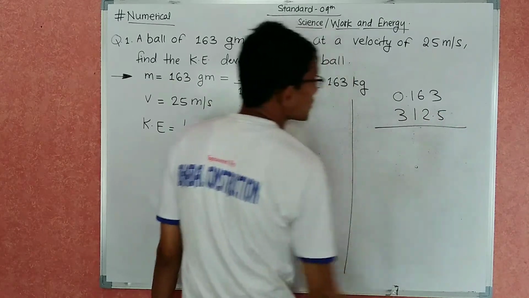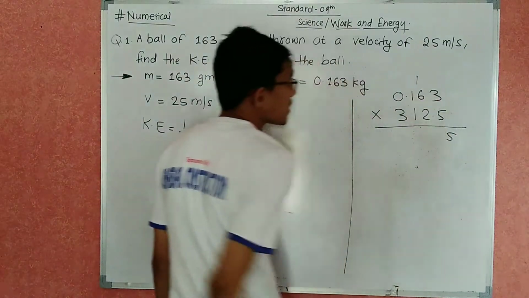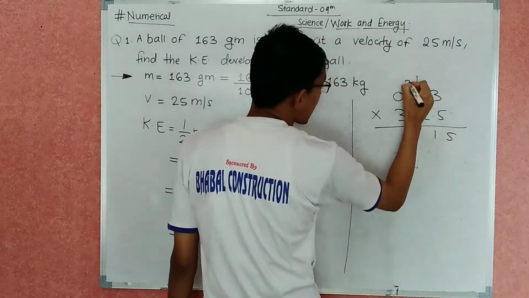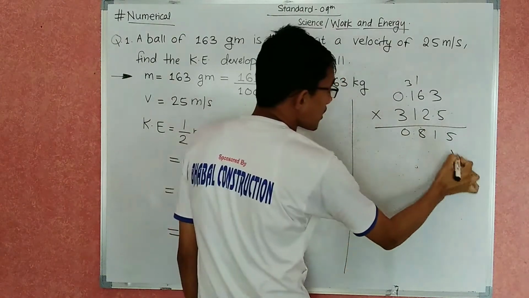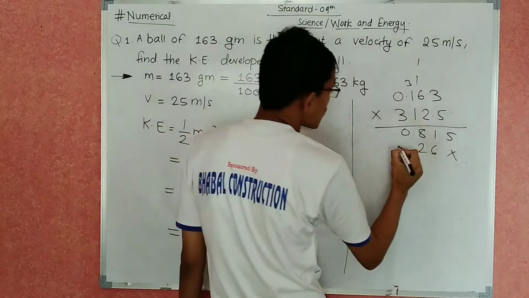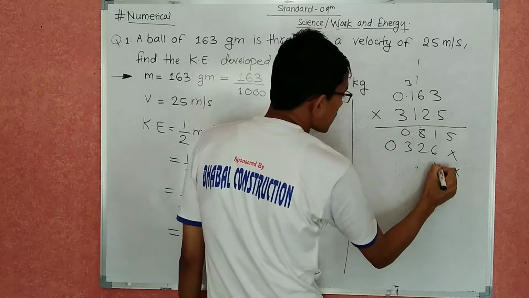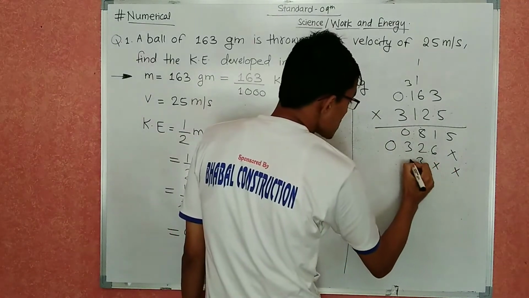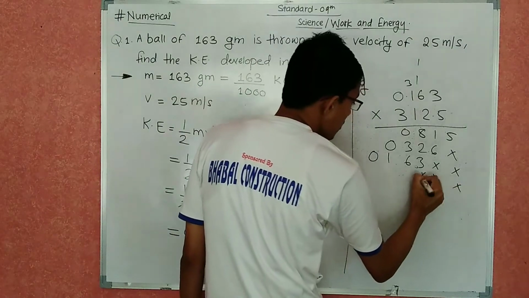So we will multiply this. 5 3s are 15, 1 carry upside, 5 6s are 30, 31, 3 carry upside, 5 1s are 5 plus 3, 8, 5 zeros are 0. Then 2 3s are 6, 2 6s are 12, 1 carry upside, 2 1s are 2 plus 3 plus 1, 3, 2 zeros are 0. Then 1 3 is 3, 1 6 is 6, 1 1 is 1, 1 zero is 0.